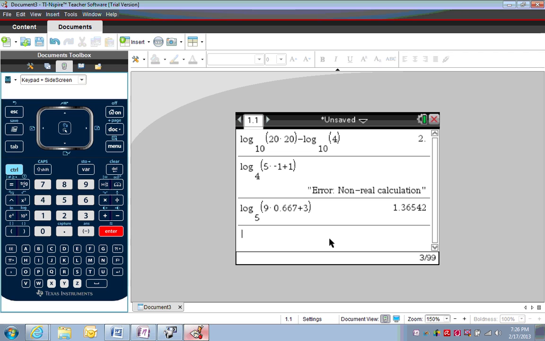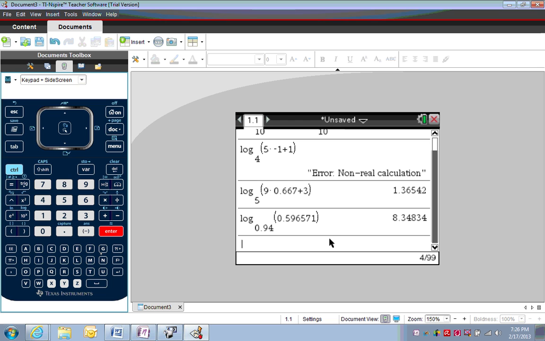I go to my calculator and I type in log base 0.94 of 0.596571. I hit enter, and my t value that they give me is 8.34834 years.